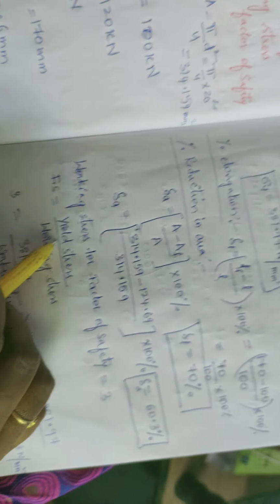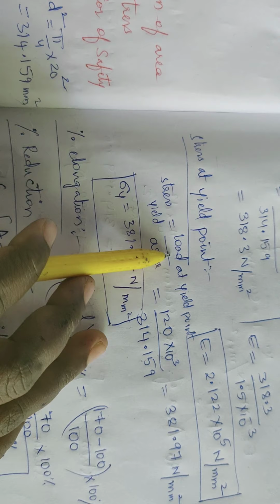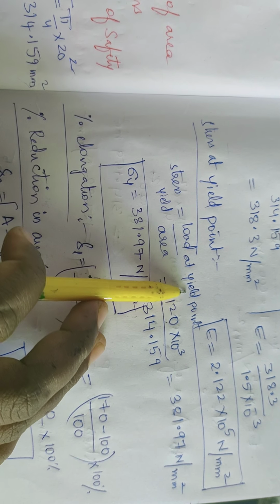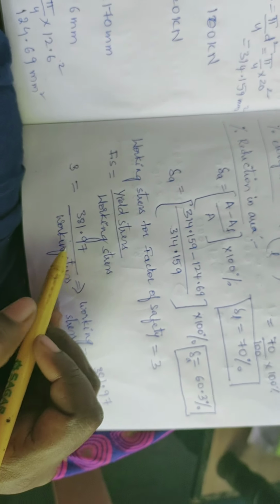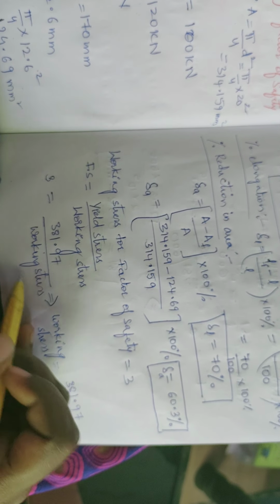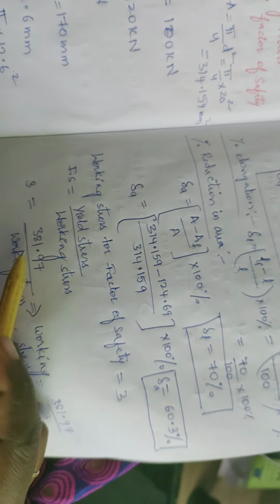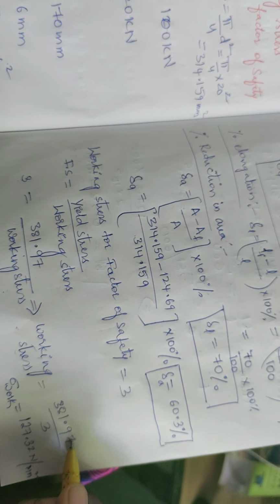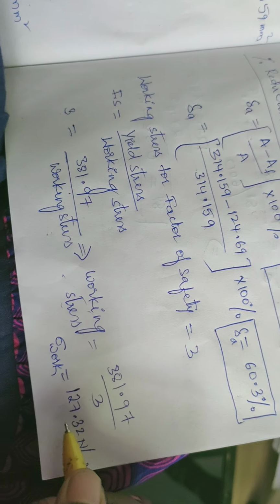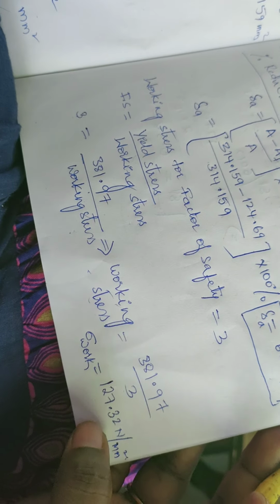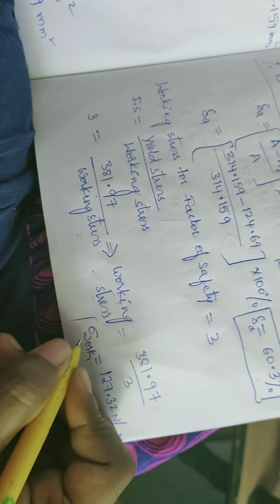Yield stress means the stress which we found by making use of load at the yield point. Okay, so that is equal to 381.9 by working stress. So working stress is equal to 381.97 by 3. So we got working stress as 127.39. So this is what we needed.